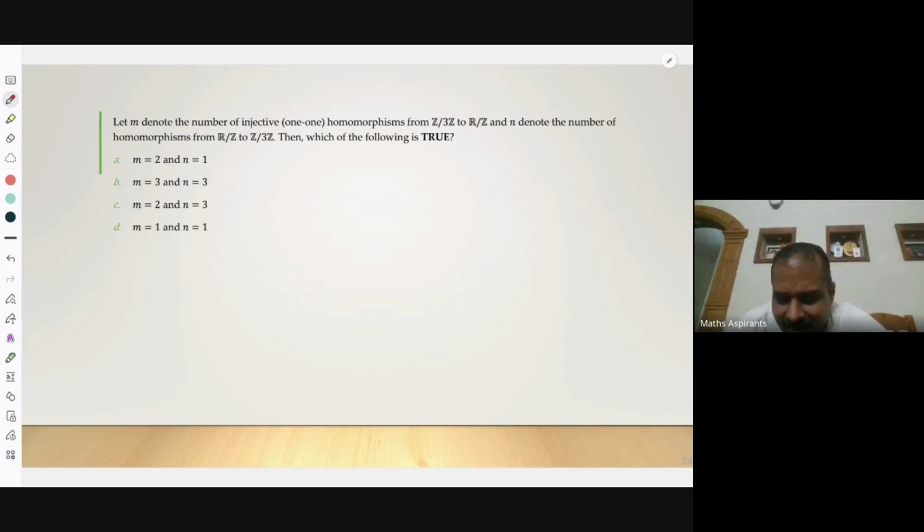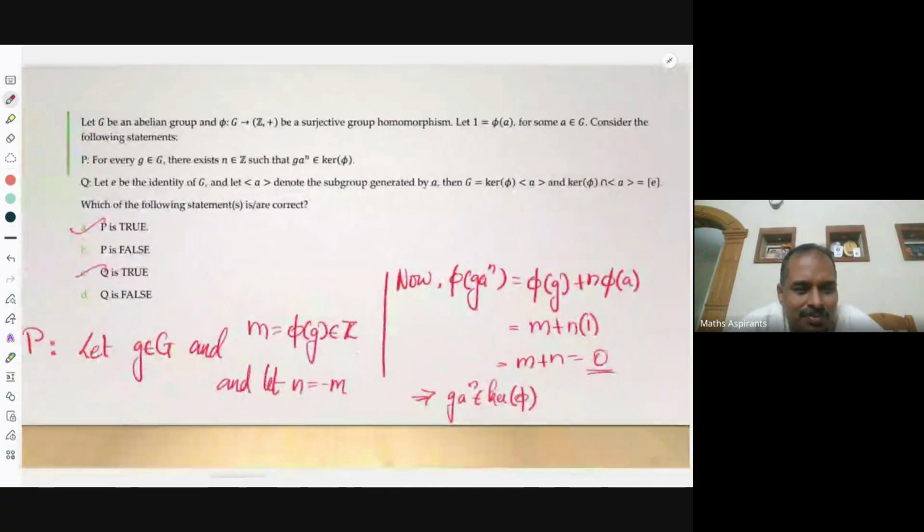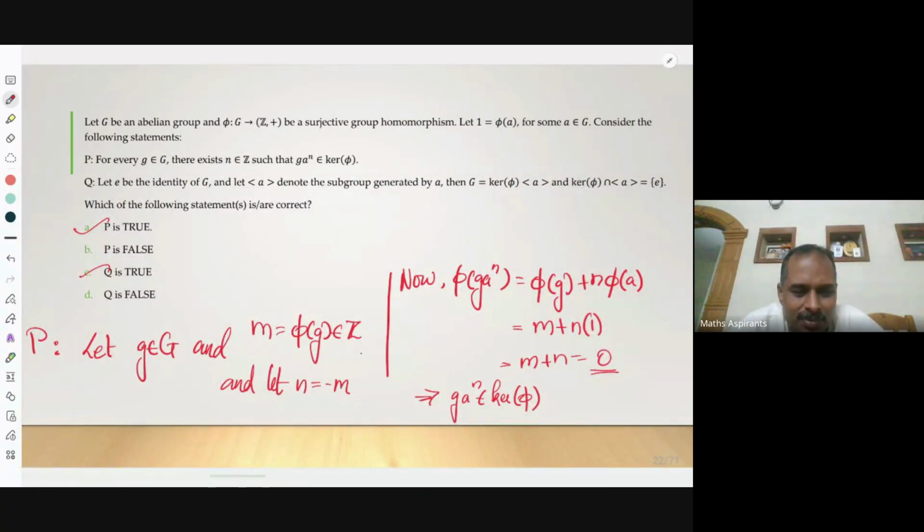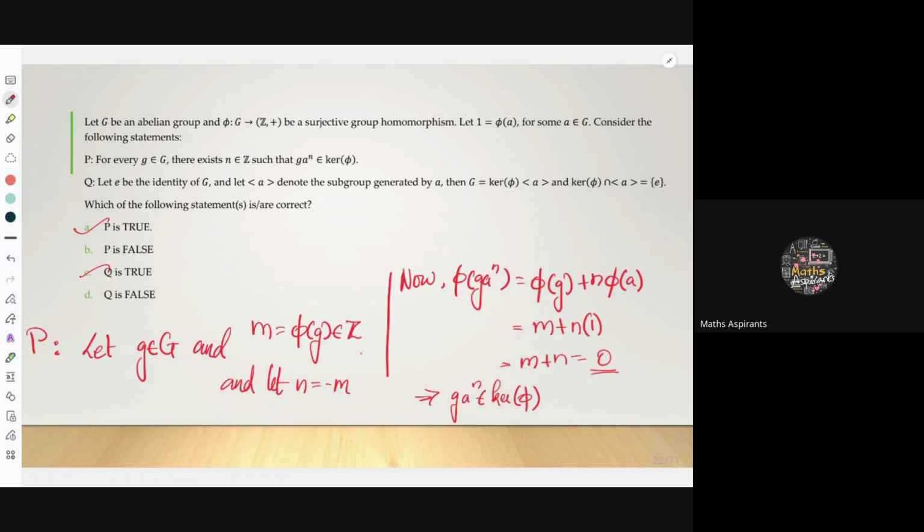No, sir, the problem was basically this thing. So we have G is an abelian group, phi from G to Z plus is a surjective group homomorphism. Since it's surjective, one will have a pre-image, let A be a pre-image of one. And we were given... that's a good question.